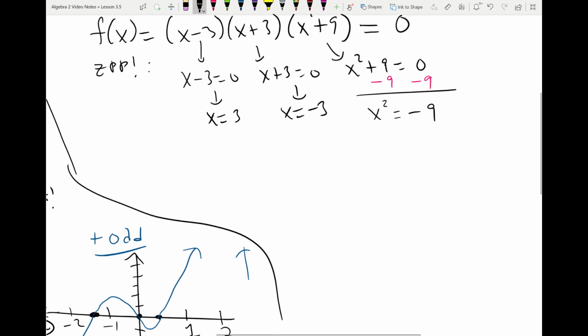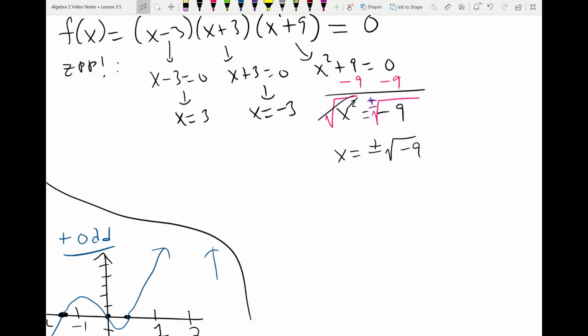Now remember, to get rid of the squared, you need to take a square root. So we're going to do the square root of both sides, but don't forget the plus or minus sign every time you do that. Now the square and the square root cancel, and you have x equals plus or minus square root of negative 9. And remember, you cannot take the square root of a negative number unless you have imaginary numbers.